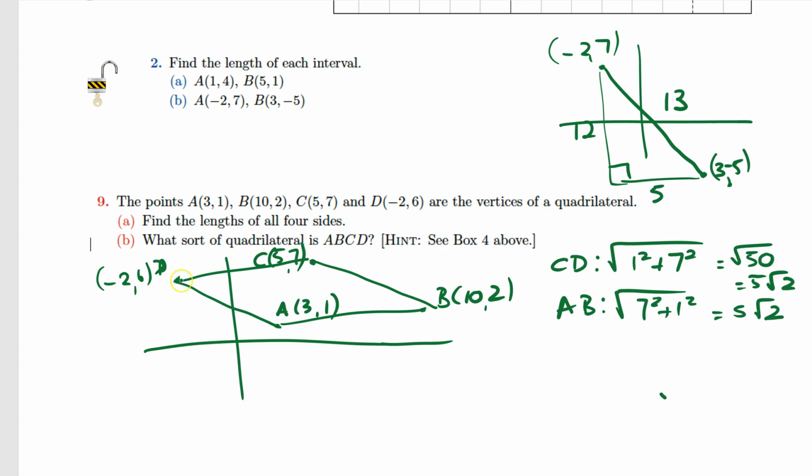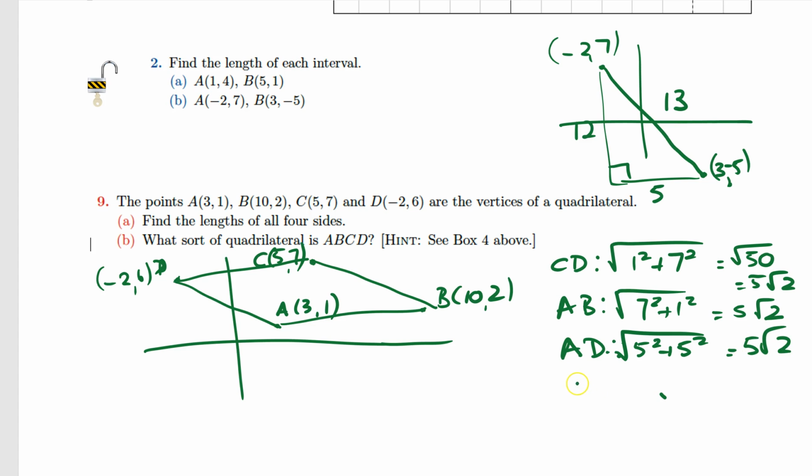Then if I go to AD or DA, it doesn't matter. So my difference in the x's is from -2 across to 3. So that's 5. And my difference in the y's is also 5. So it's the square root of 50, again, 5 root 2.